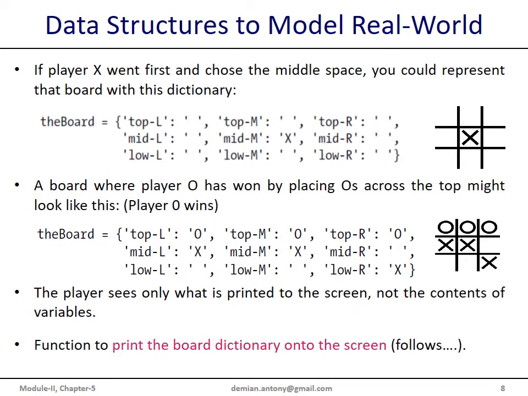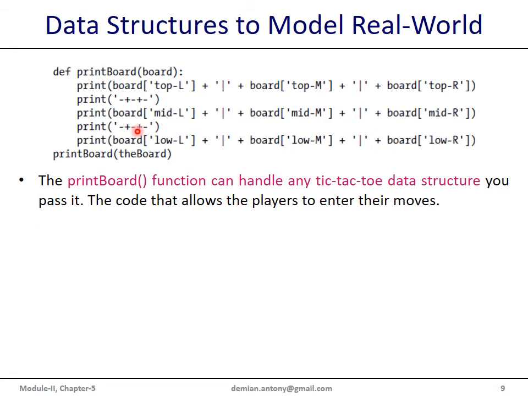One thing is we need to print the screen, and the simple code to print this dictionary onto the screen in the form of a tic-tac-toe board is: the first line displays the top row, and this is the middle row, and this is the bottom row, and we have vertical pipes to make vertical divisions. And this print board function takes the dictionary, the board, as an argument, and displays the contents at each of these keys in the board structure.